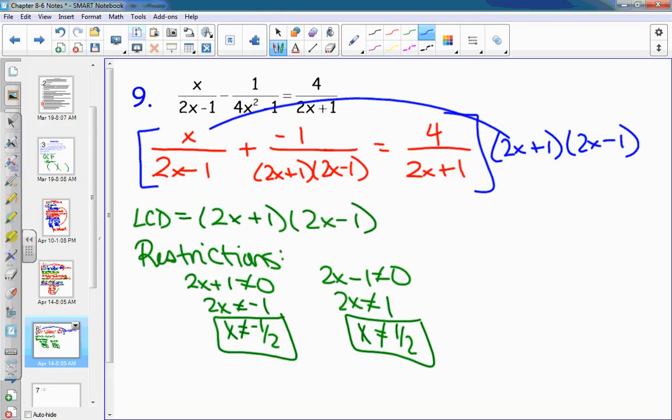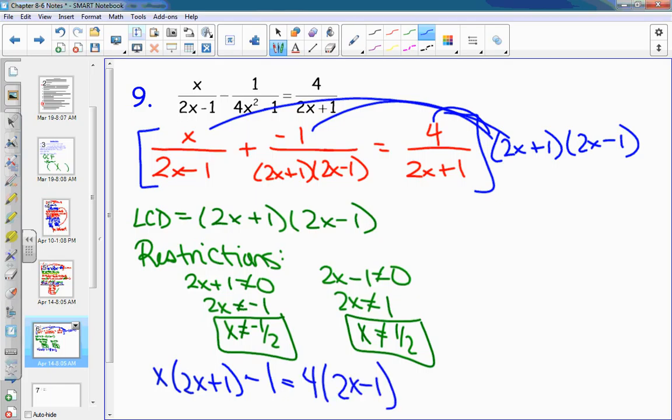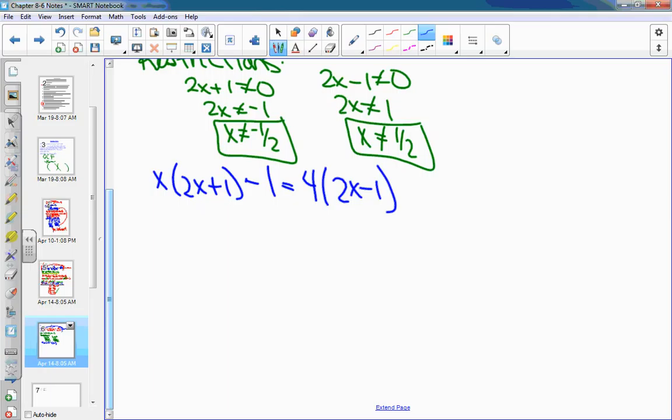What else, though? I'm left with the x times the 2x plus 1. Go to the second fraction. What am I left with now? Just the previous numeral, which is negative 1, is equal to. And then what am I left lastly with? 4 times 2x minus 1. Excellent job. That is absolutely correct.